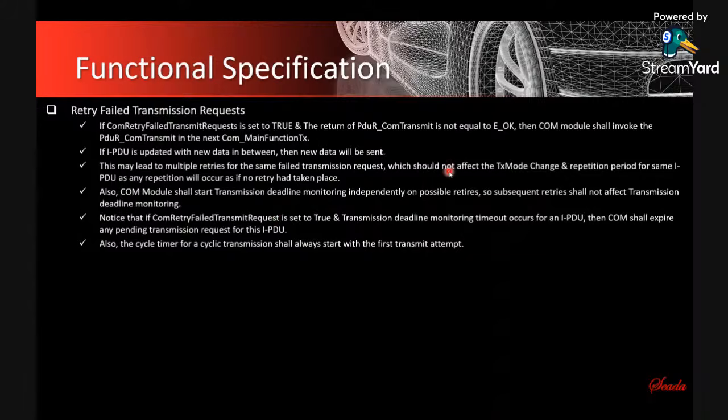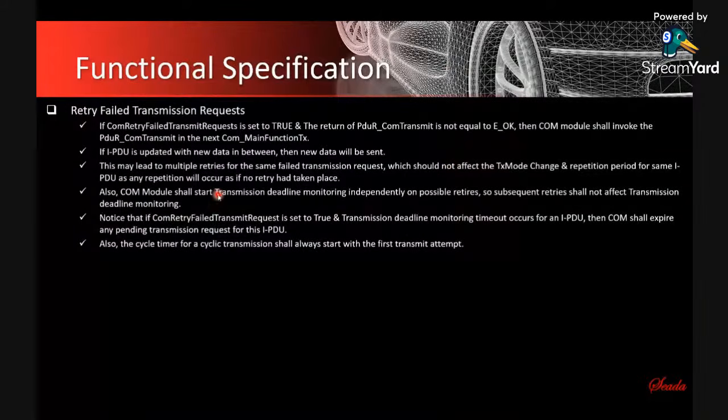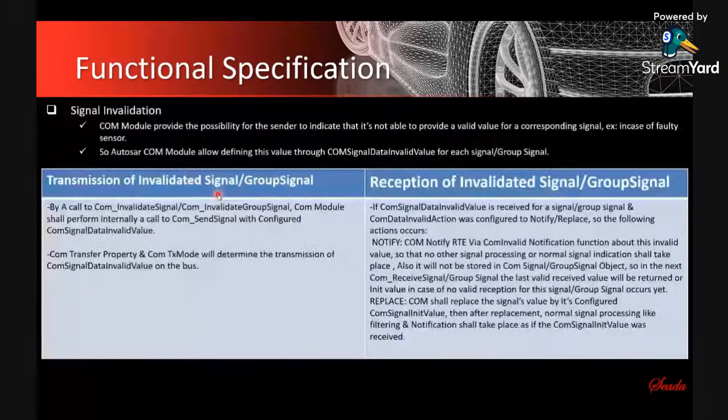Notice that if the COM failed transmission request is set to true and the transmission deadline timeout occurs, the COM shall expire any pending transmission for this IPDU, as we mentioned. At the end, the cycle timer for cyclic transmission shall also start with the first transmit attempt.